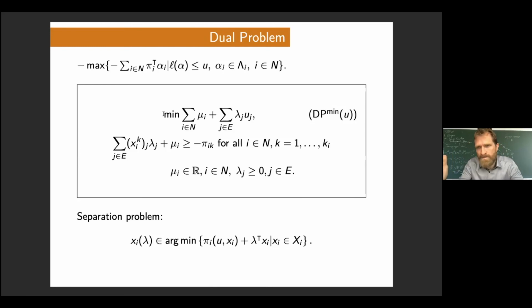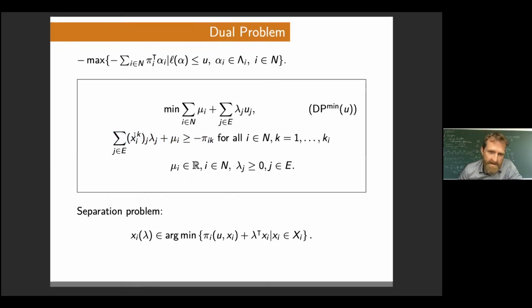And in order to implement the ellipsoid method, one needs an efficient separation procedure that tells us in polynomial time whether a point is feasible or not. And the separation problem here, for the dual, boils down to determine whether these inequalities are valid for a point or not. Yeah, this is the separation problem.